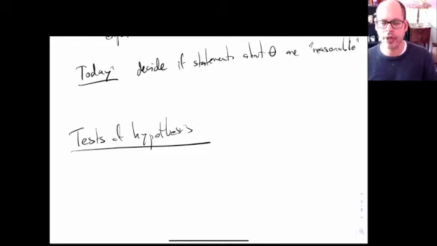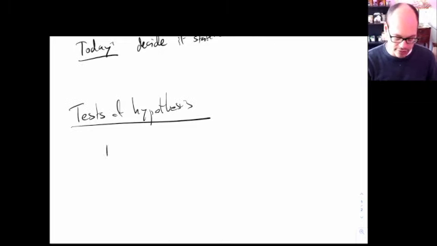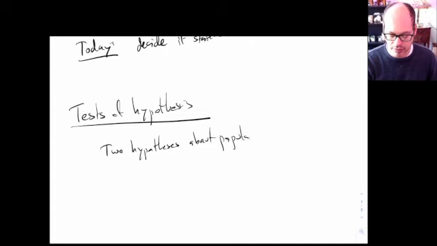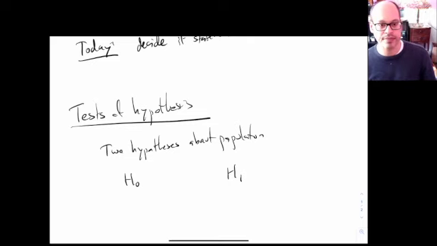Again, we're starting out with some unknown population, but now we have two competing assumptions about the population. This is the framework that we're starting from. We have two hypotheses, if you will, about the population. Let's call them hypothesis 0 and hypothesis 1. And what we would like to do is decide which one is the better hypothesis.